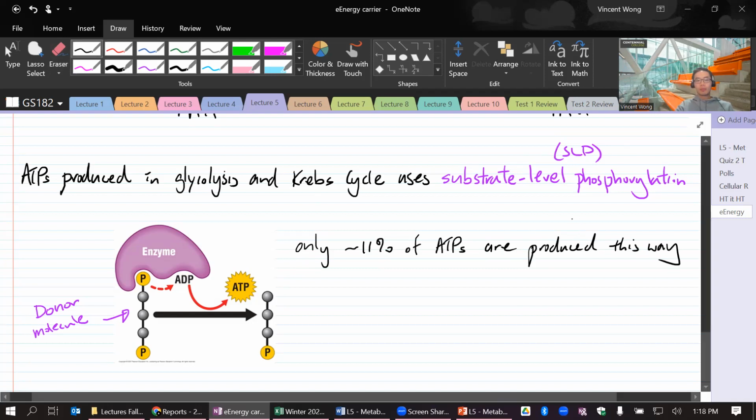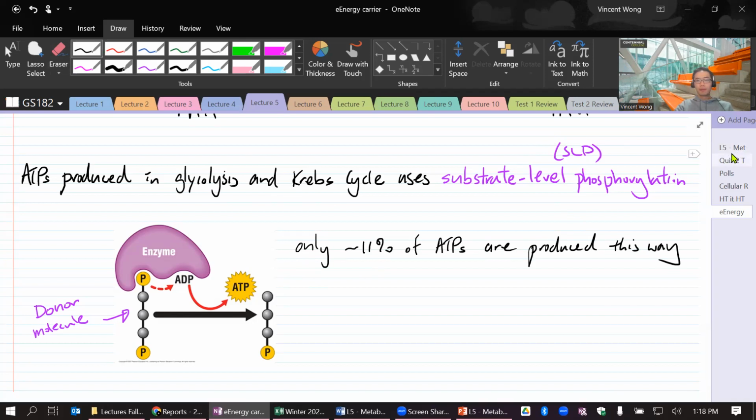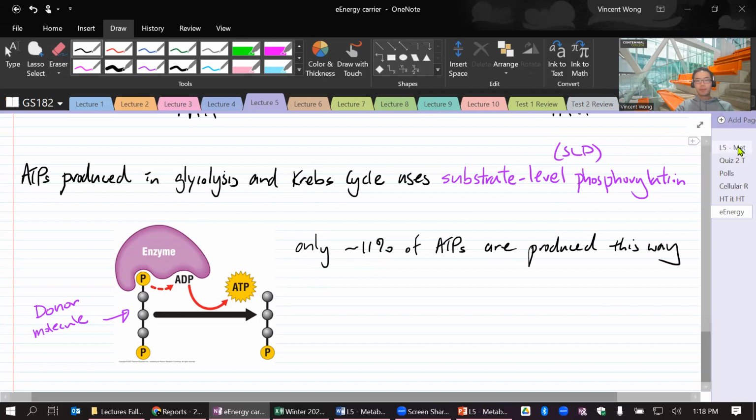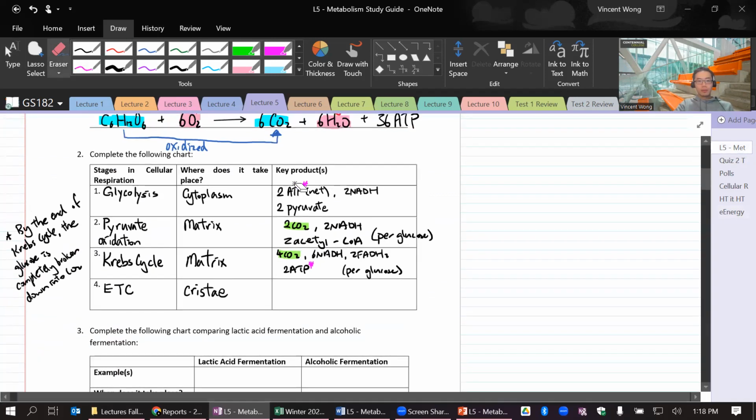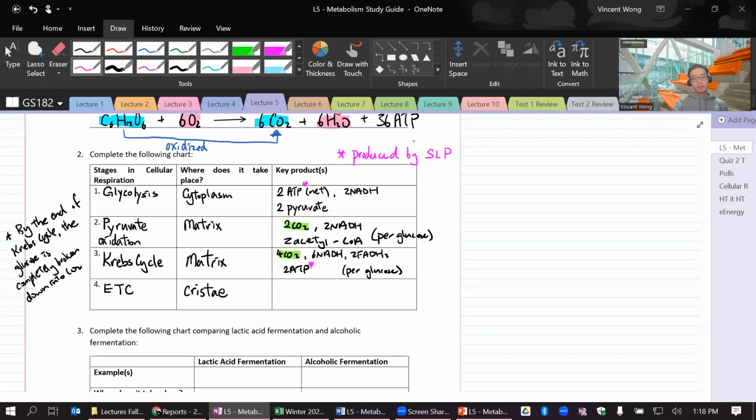Those are the ones that are produced by this particular method. So in a chart here, we have ATP, ATP here. Put a star here. These are produced by substrate level phosphorylation, the process that I just explained to you, right? With the enzyme, with the donor, and the ADP.